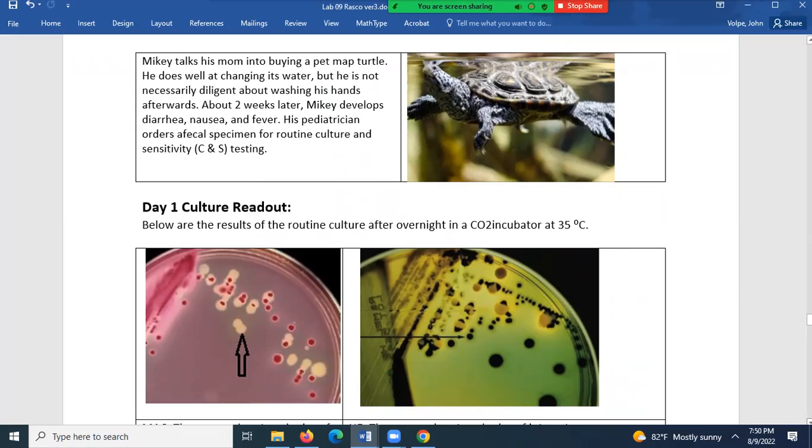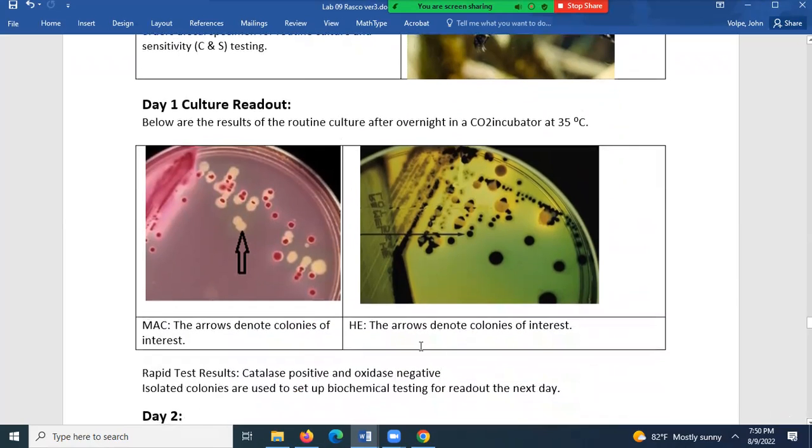And here's some of the tests. We can see the bacteria, with the arrow denoting colonies of interest, on a MacConkey's plate, and then an HE plate, also growth of the bacteria, the arrow pointing out the colony of interest.